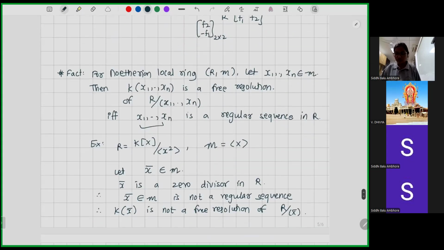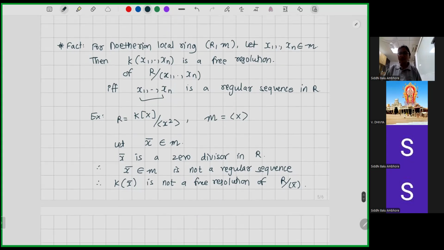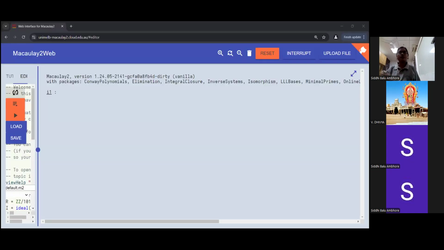And also, we can obtain the Koszul complex of ideals in Macaulay2 too. So let me just try and share the screen. Okay, good. So we will just see how it is calculated, in Macaulay2. I hope the screen is visible.